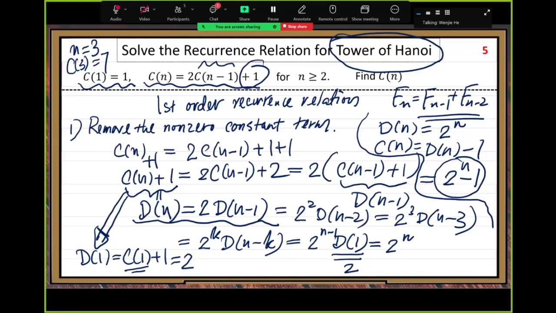After we eliminate it, then we have a much simpler recurrence relation, so we can find the solution in a much easier way. But this is the first order recurrence relation. This example, first order recurrence relation.